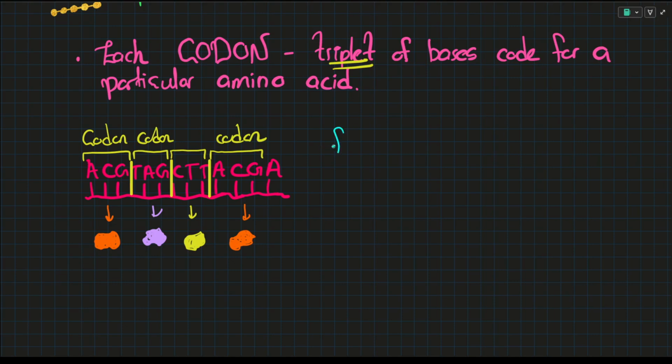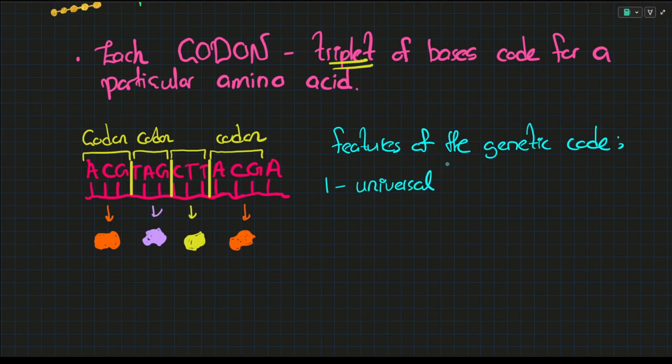I'll describe some features of the genetic code so that you're going to understand why this is so good and why this is so important. The first feature, there are 3 features. The first thing you should know is the genetic code is universal, meaning it is the same throughout all the organisms you're going to find in the universe.